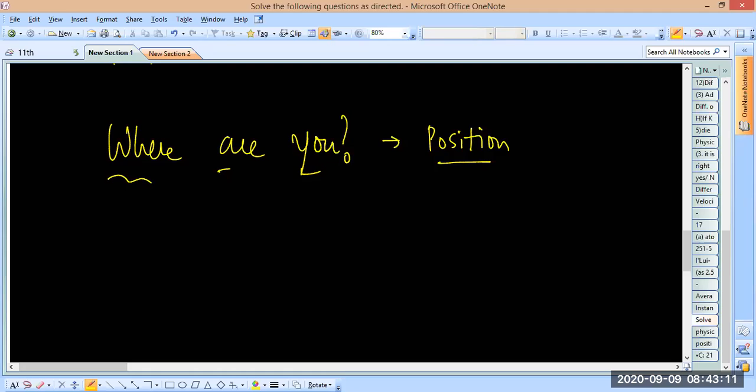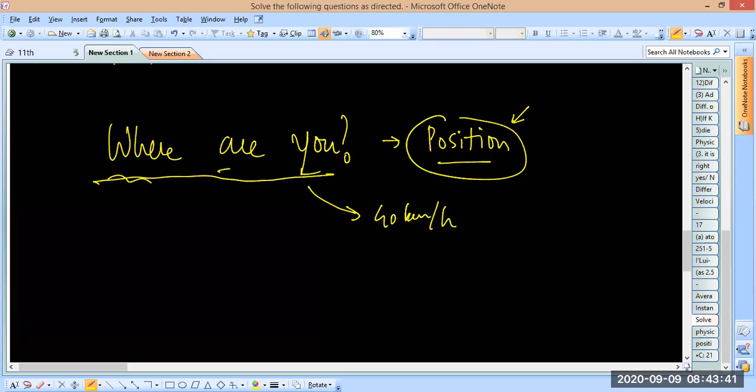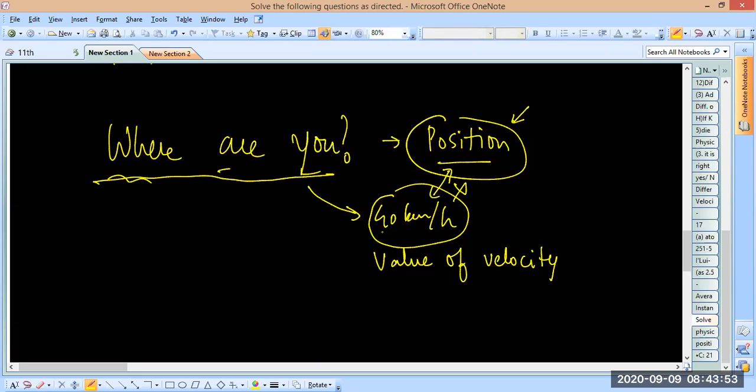In that case, if you don't answer where you are, and instead answer that right now I'm moving with a velocity of 40 kilometer per hour, then if you want to find position, a value of velocity alone has no relation with it.